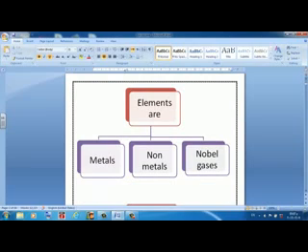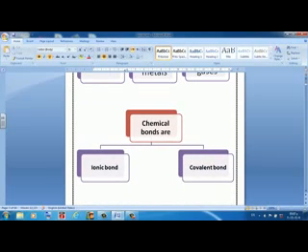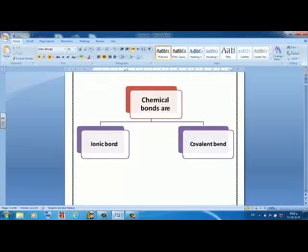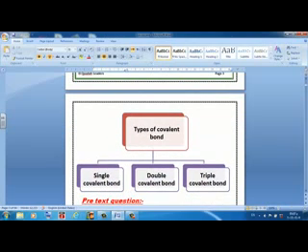As we said before, elements are metals, nonmetals, or noble gases. Chemical bonds may be ionic bonds or covalent bonds. And here we have the graphic organizer for types of covalent bond: single covalent bond, double covalent bond, and triple covalent bond.